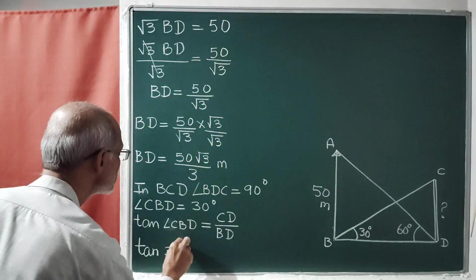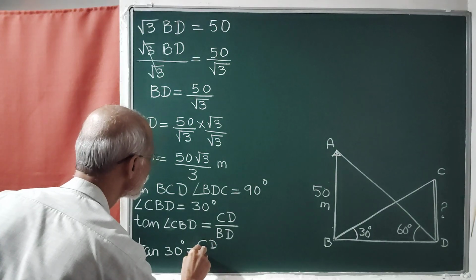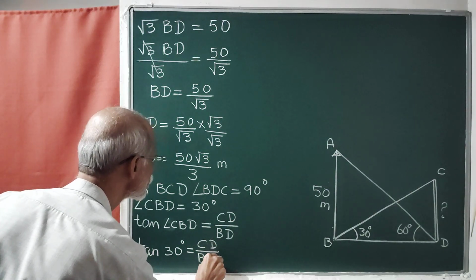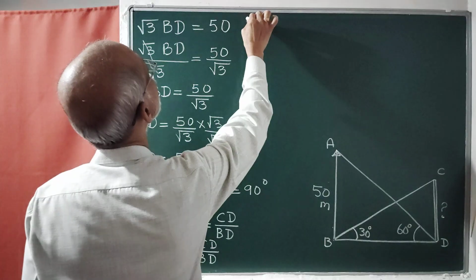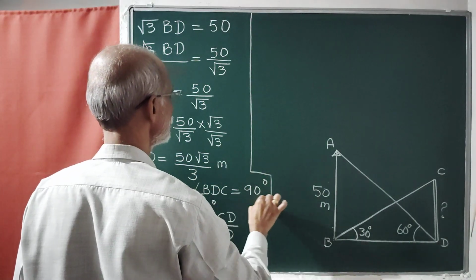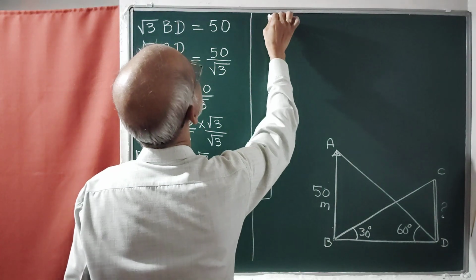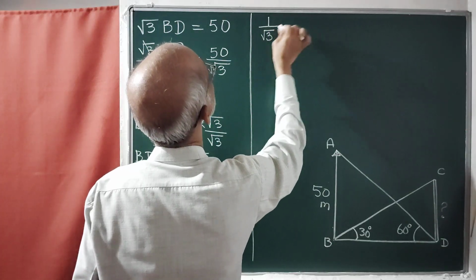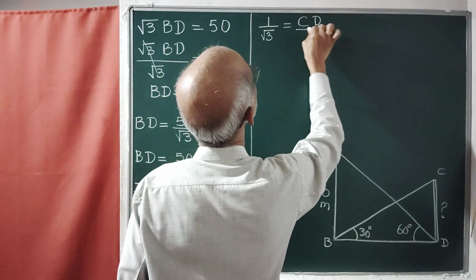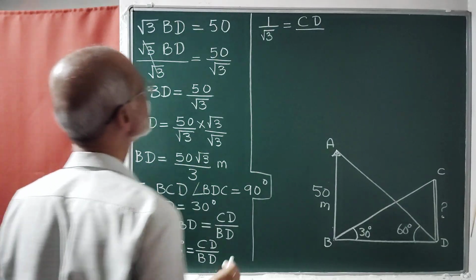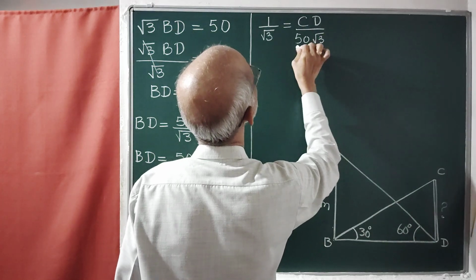Tan 30 degrees is equal to CD by BD. Tan 30 is equal to 1 by root 3. 1 by root 3 is equal to CD by BD. What's BD? BD is 50 root 3 by 3.